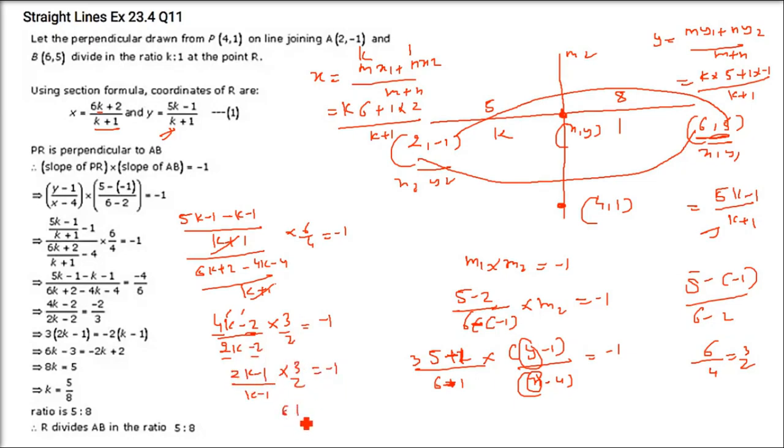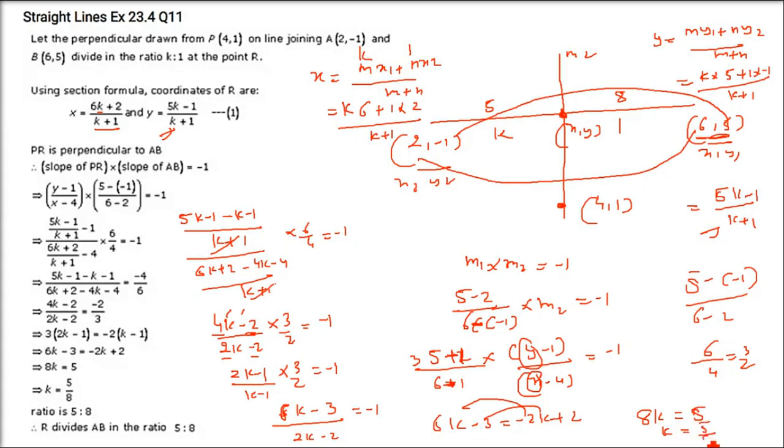So it will be 3 times (2k minus 1) over (2k minus 2) equals minus 1. So 6k minus 3 equals minus 2k plus 2. Take k on one side and constants on the other side. So 6k plus 2k is 8k, and 2 plus 3 is 5.